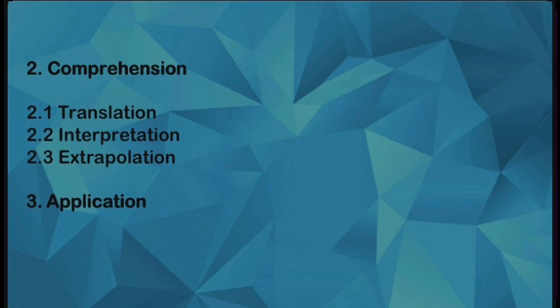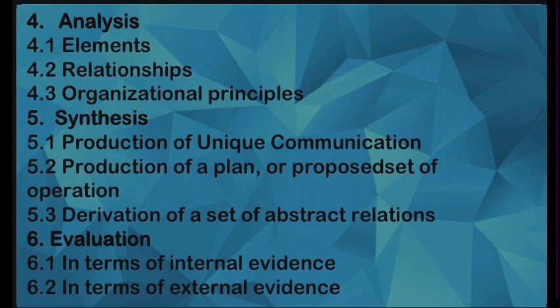So let's proceed to the third level, which is application. This level involves using acquired knowledge and skills to solve problems or apply them in a practical situation. So that's number 3. Number 4, the fourth level, involves breaking down information into constituent parts and examining the relationships and organizational principles.